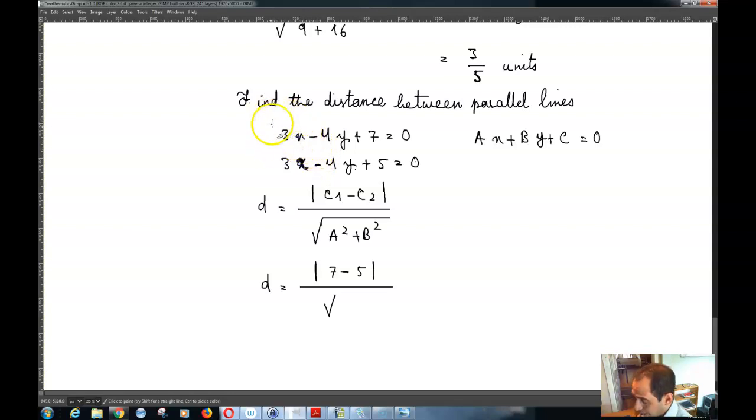So your a is 3, which squared is equal to 9, and b squared is negative 4 squared, which is equal to 16. So that's 7 minus 5 is equal to 2 over 5. 2/5 units is the distance between the two parallel lines.